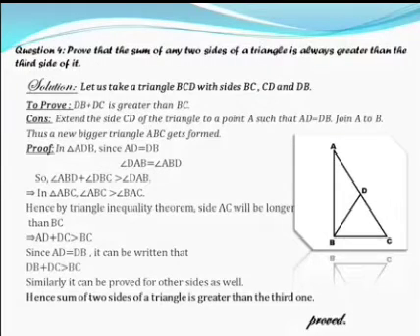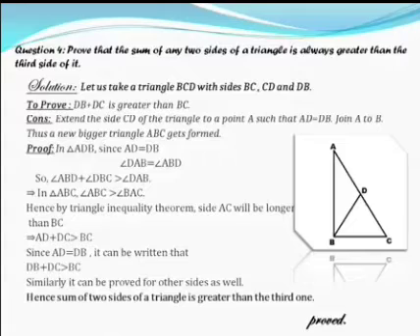This statement relates to the triangle inequality properties, one of which it has been asked to prove. The statement is prove that the sum of any two sides of a triangle is always greater than the third side. This fact we have been reading since early classes, but here we need to prove it.